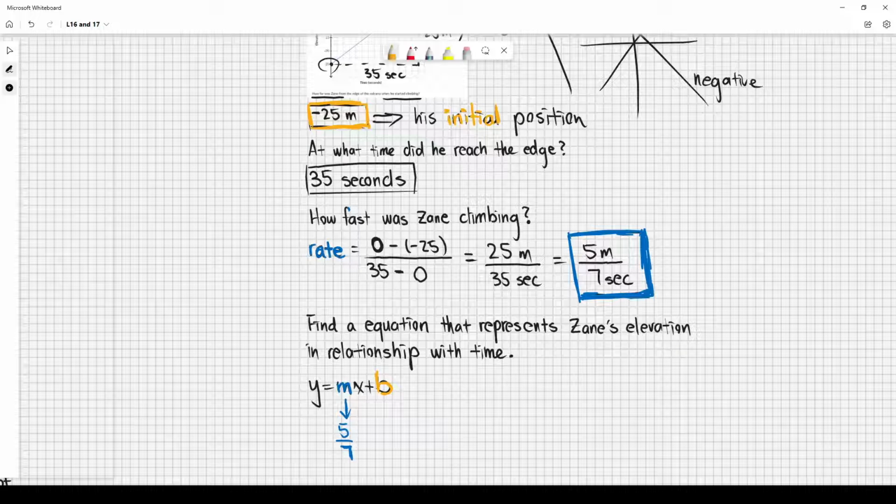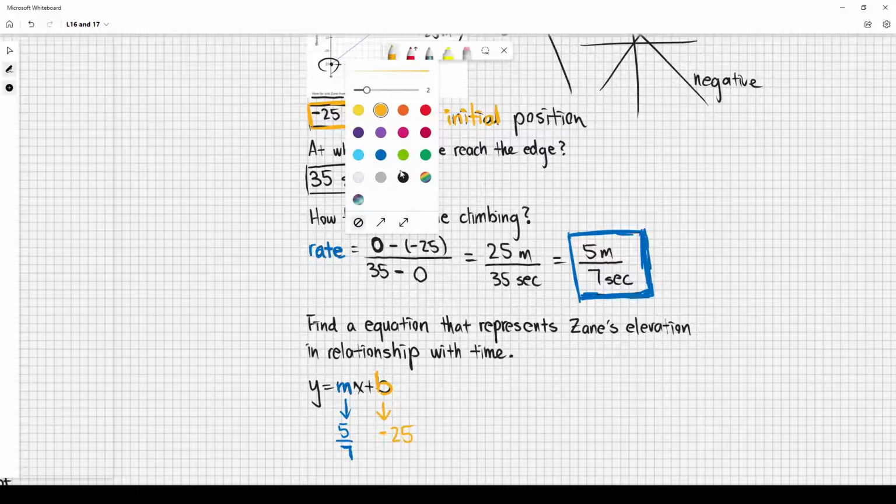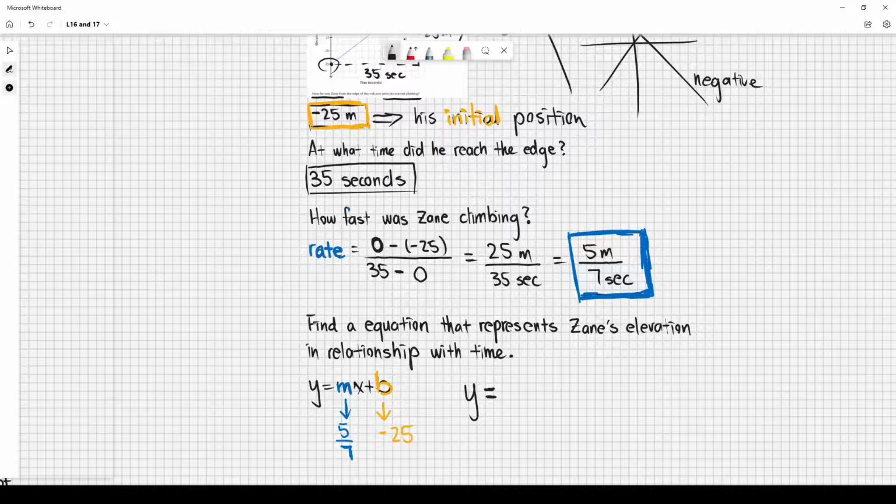So when you combine everything together, essentially all you just need to do is put in the numbers. So you got this 5/7, and x is the time, plus negative 25, so I can just say minus 25.